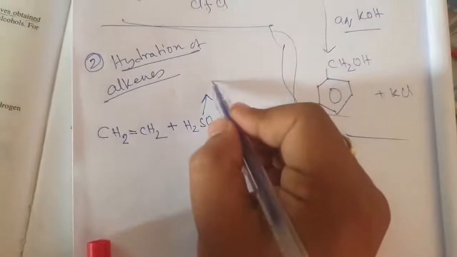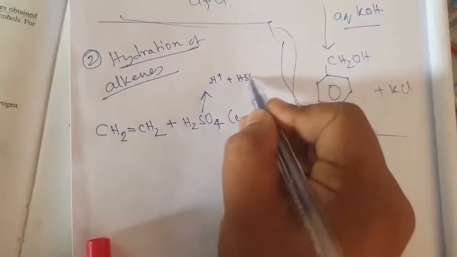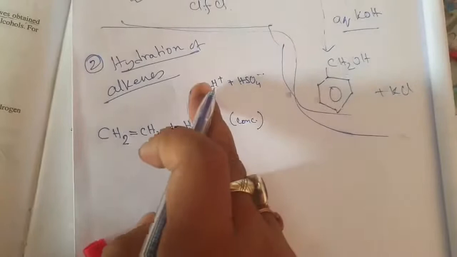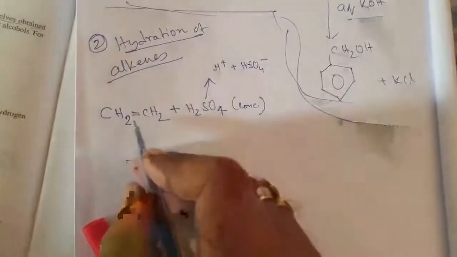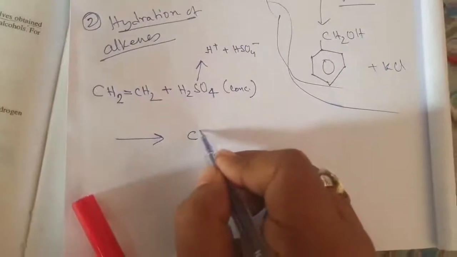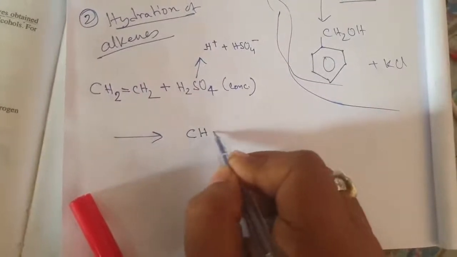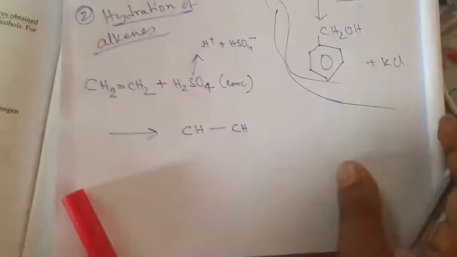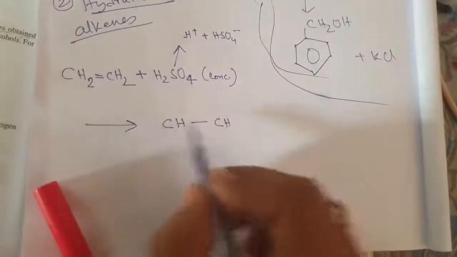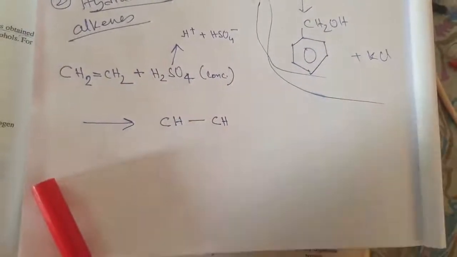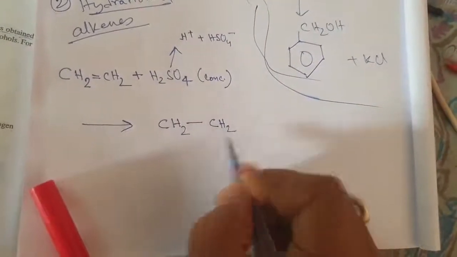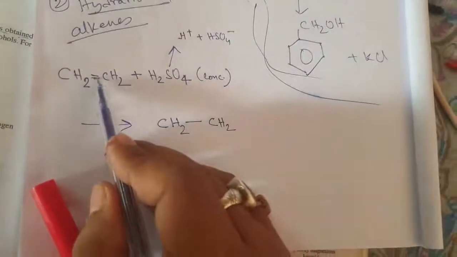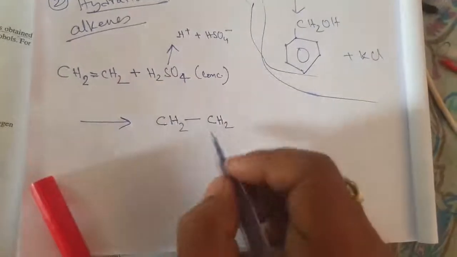Remember, concentrated H2SO4 always breaks as H plus and HSO4 minus, not as 2H plus. So one pi bond of CH2 double bond CH2 will break down, and one bond will open here and one will open here.